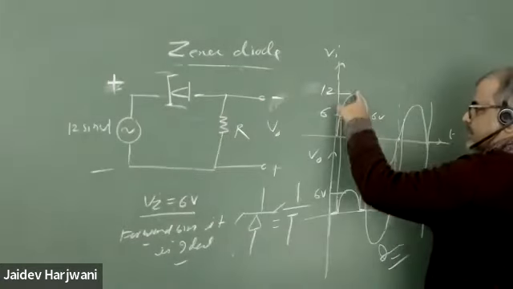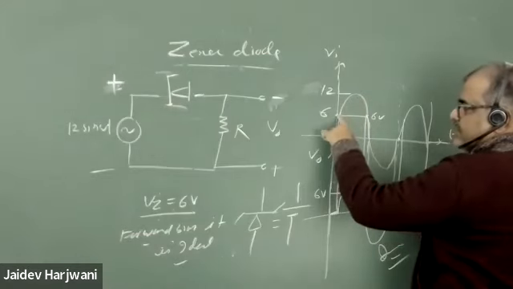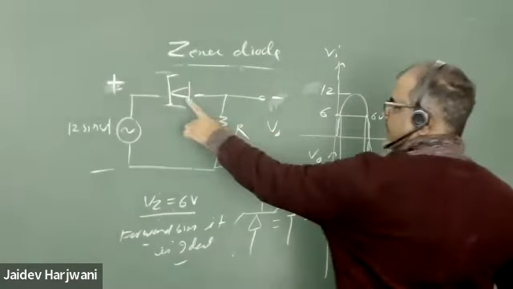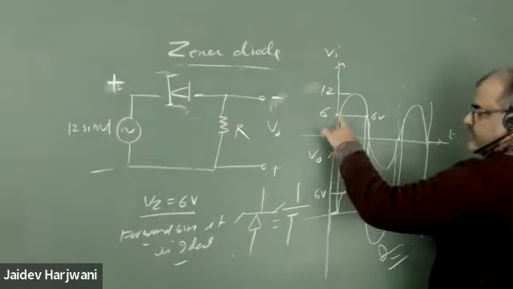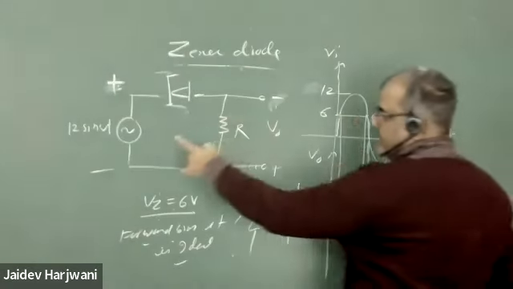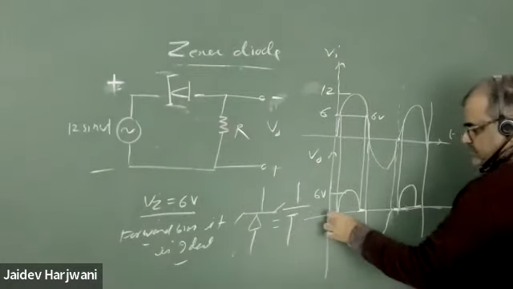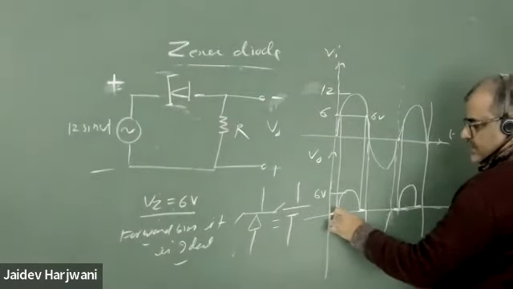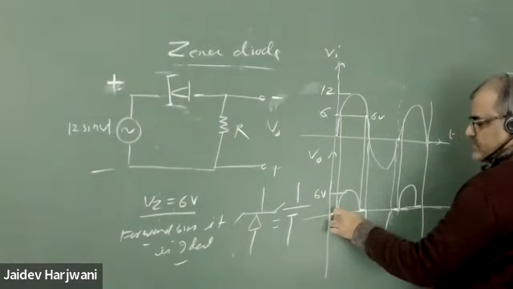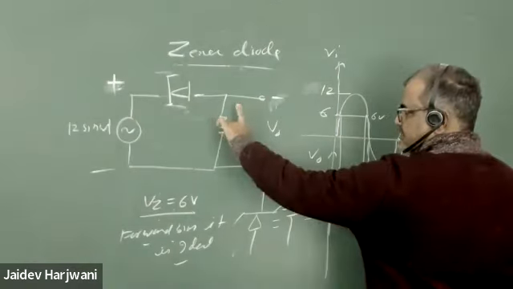Until 0 to 6, it behaves like what? It behaves like an open circuit, no current flows. As voltage goes beyond 6 volt, it takes 6 volt here. Initially there is no current. Now current will flow, and voltage will start developing here.